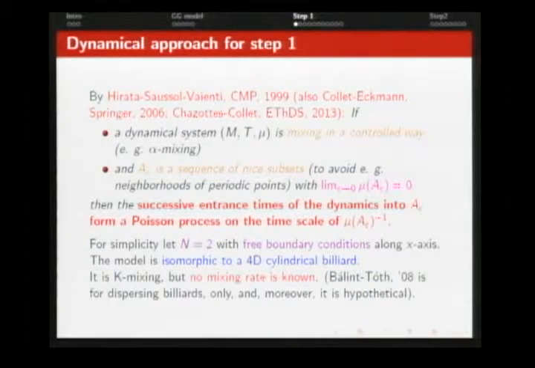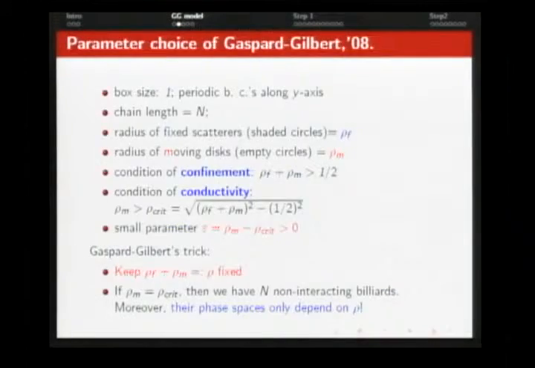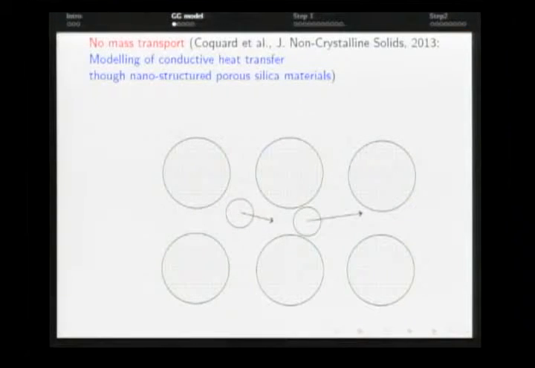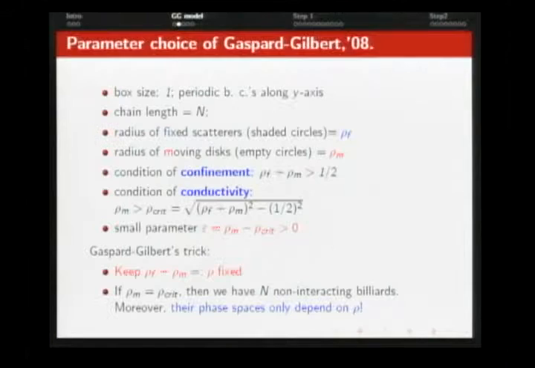Actually, I will only talk about this picture, 2 cells. Of course, you understand if you can handle 2 cells by methods of dynamical systems, then you have a good chance to handle a fixed length chain of n particles. So 2 is the critical point.